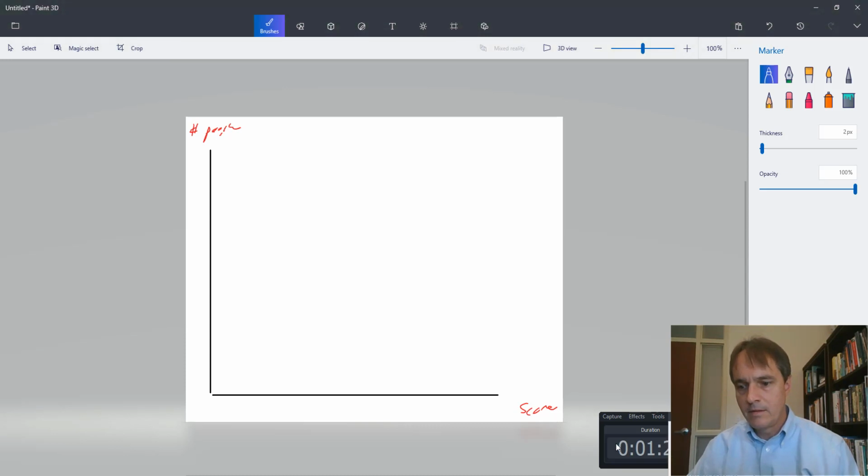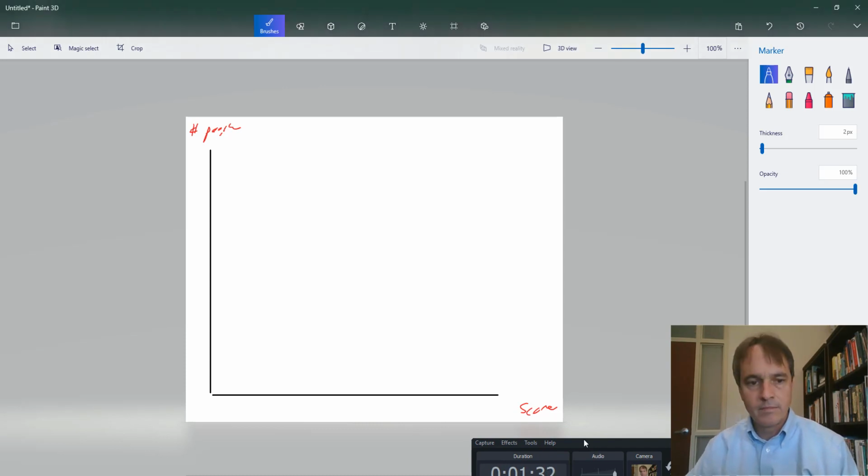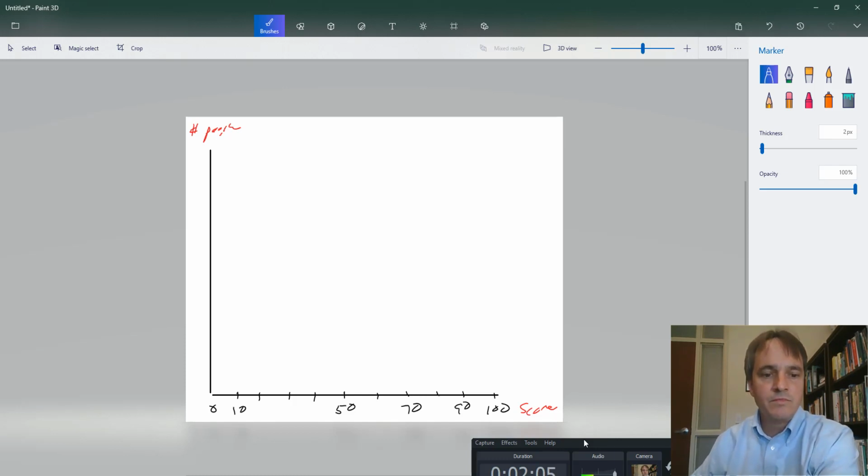Okay, so we've got, let's say it's centered on 50, and it goes all the way up to 100 and all the way down to 0. So this will be 60, 70, 80, 90, and this will be 40, 30, 20, 10. And this will just be the number of people who got that score.